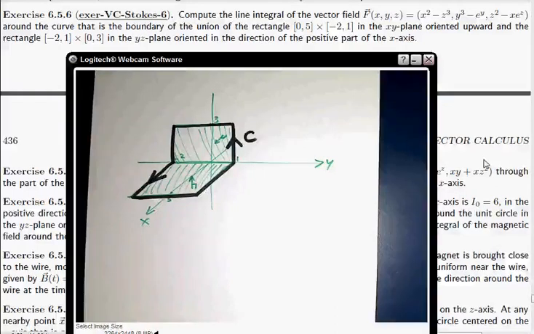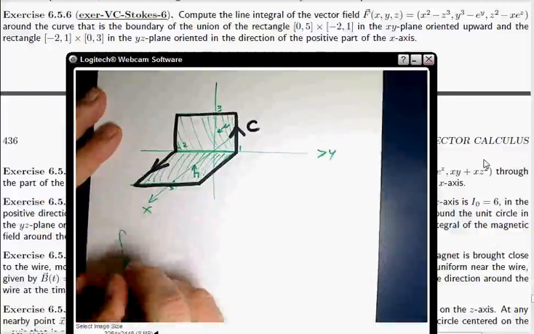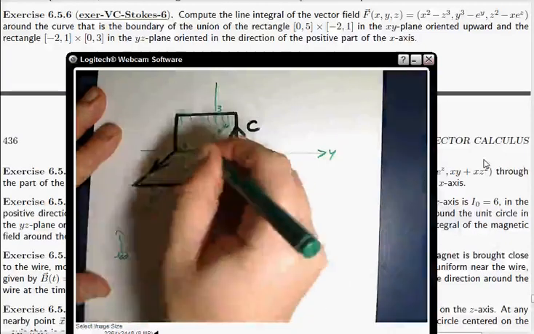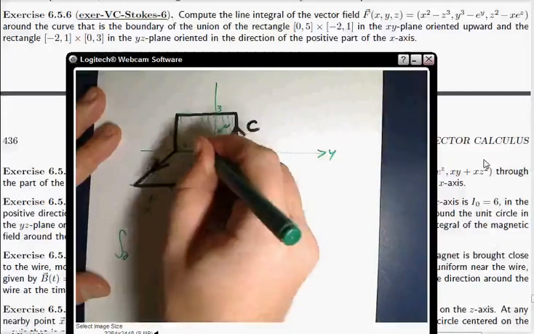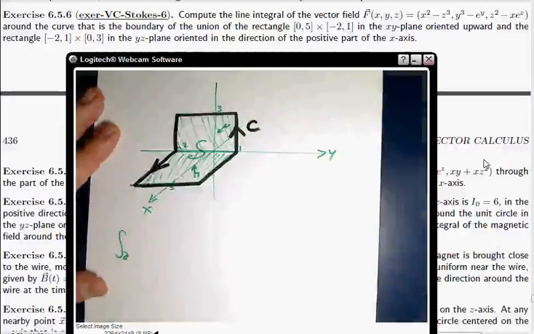Okay, so we're going to use Stokes' curl theorem here. Big surprise, this is the section on Stokes' curl theorem. So we're computing a line integral over the boundary curve. Let's call our surface S, by the way.